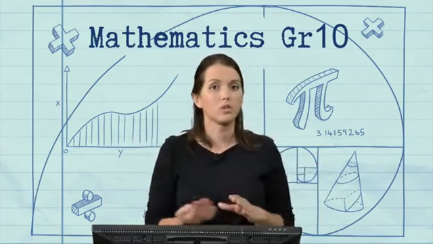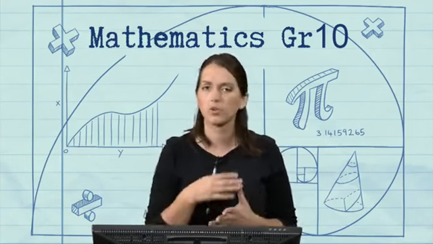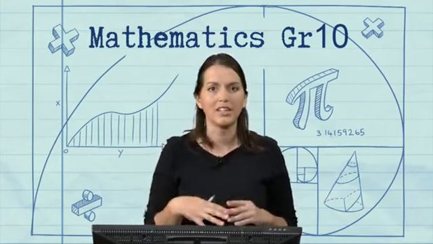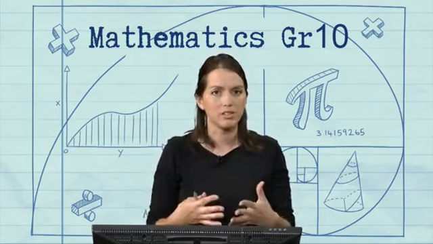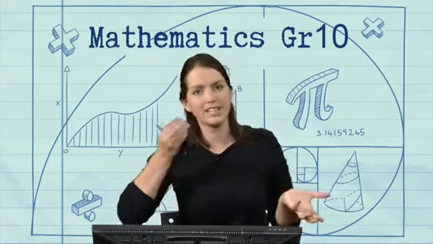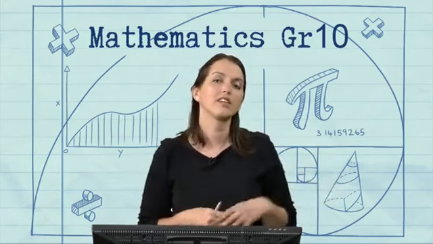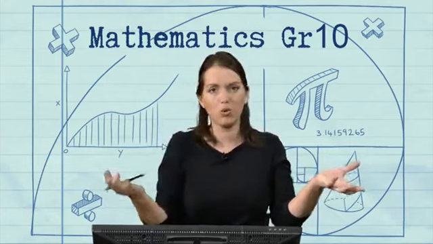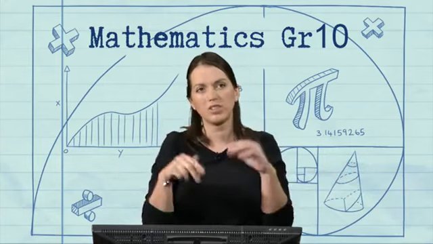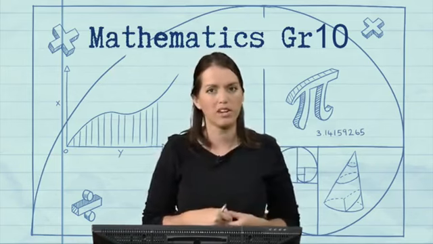Now, inequalities are quite similar. We're also trying to find a value for x or any variable that's there that will make the statement true. But instead of the statement saying this is equal to this, the statement's rather saying that this is more than this. So if we think about this logically, it usually means we're going to have more than one answer.